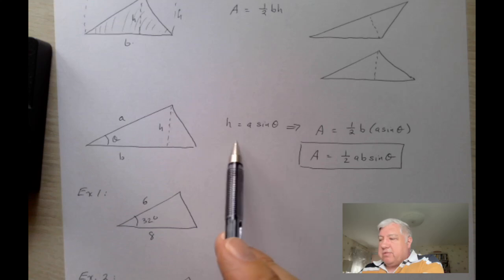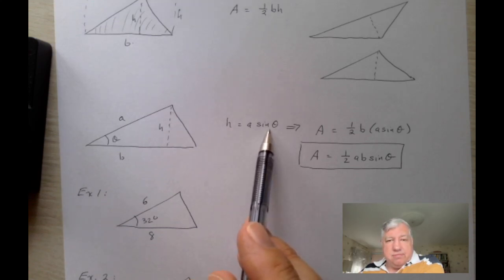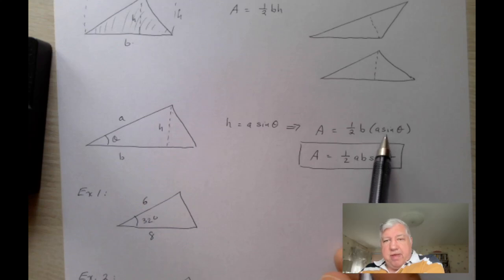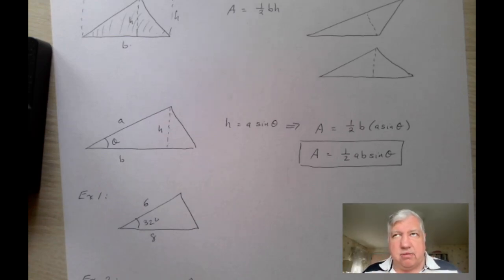We can multiply both sides by a, and we'll get h is a times the sine of theta. Then just substitute that in for h, rearrange the a and the b, and we get 1/2 ab sine theta. So that's another formula for the area of a triangle.